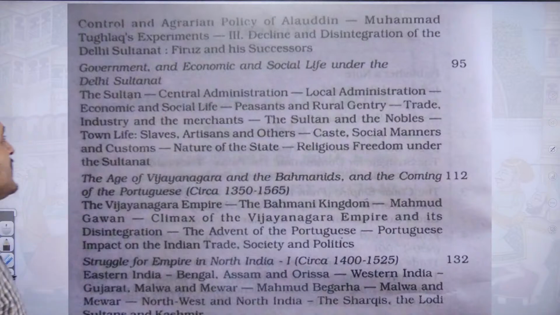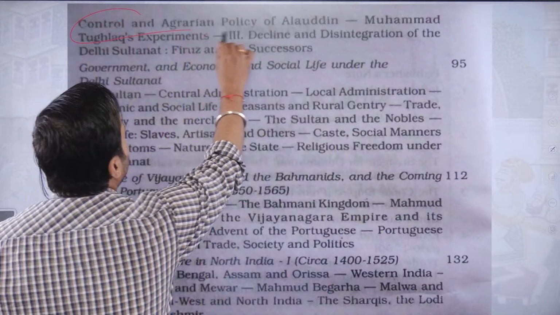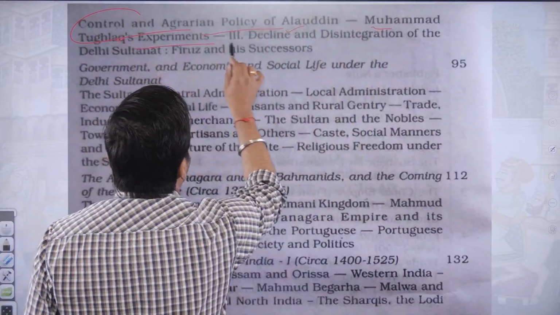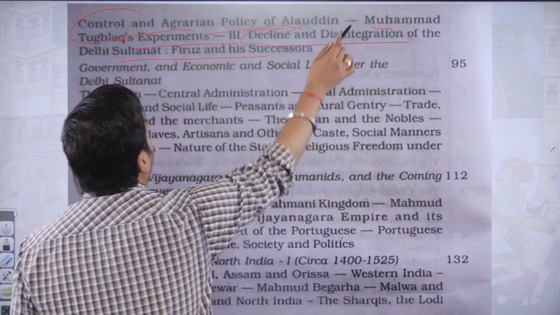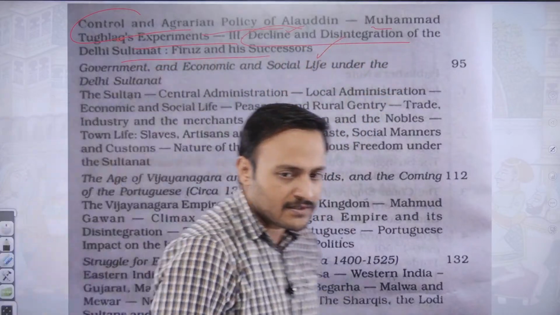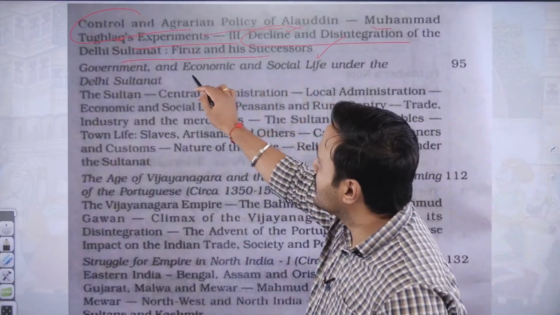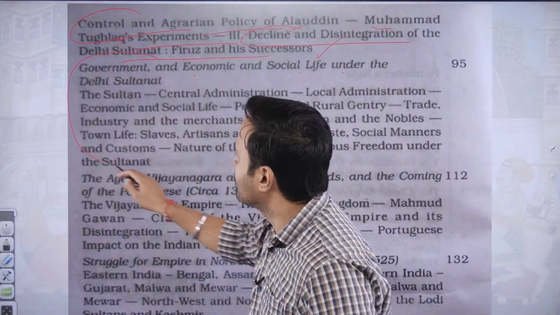Now guys, we have this particular policy. Look at this one: control and agrarian policy of Alauddin, Muhammad Tughlaq's experiments, then decline and disintegration of the Delhi Sultanate. Now these are also really important chapters, but what is more important, let me tell you, is government, economic and social life under the Delhi Sultanate.